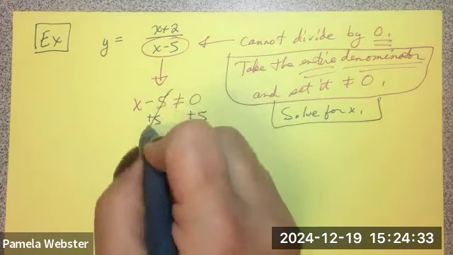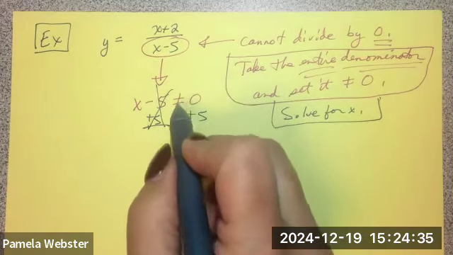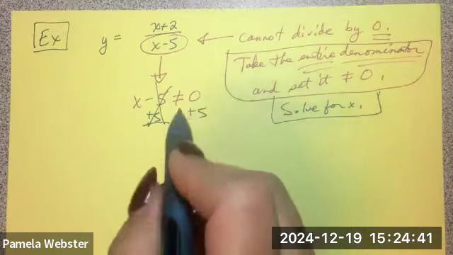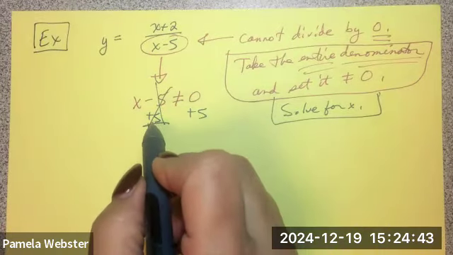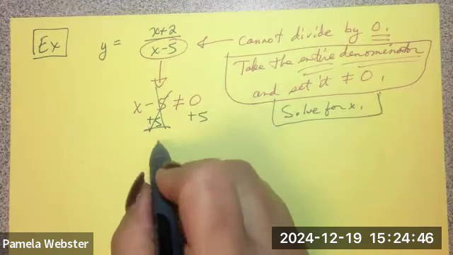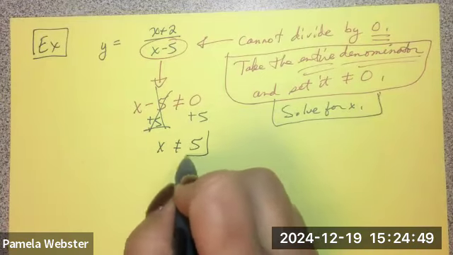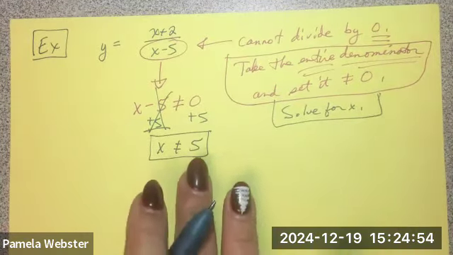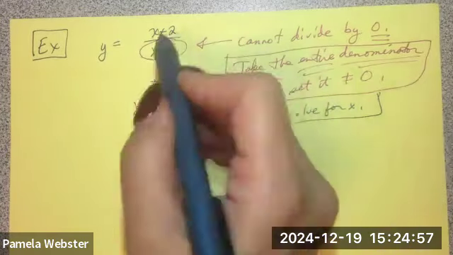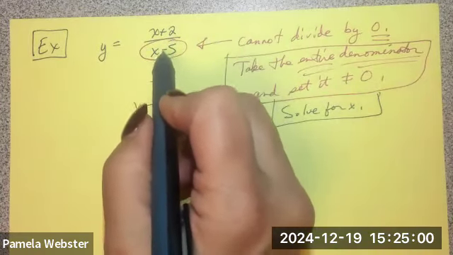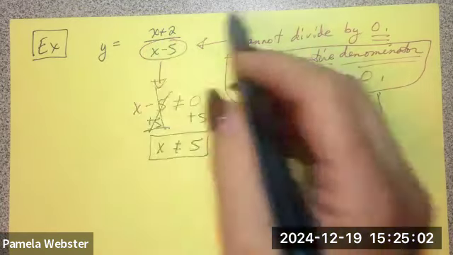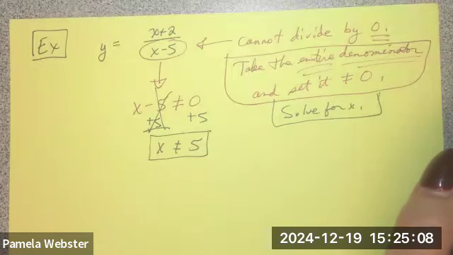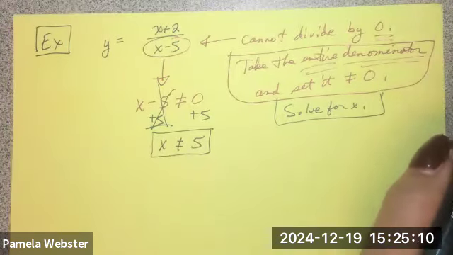I know it's a does not equal instead of an equal, but normally most of those things work very similarly, and that's what happens here. I add 5 to the left, I add 5 to the right. X cannot equal 5. That's what I got. Sure enough, if I put in a 5 right here, 5 minus 5 would be 0, and I'd be dividing by 0. I cannot divide by 0. So we know that's correct, right? I can't have x be a 5 there because that's a problem child.